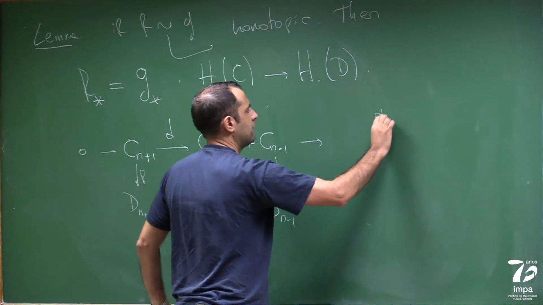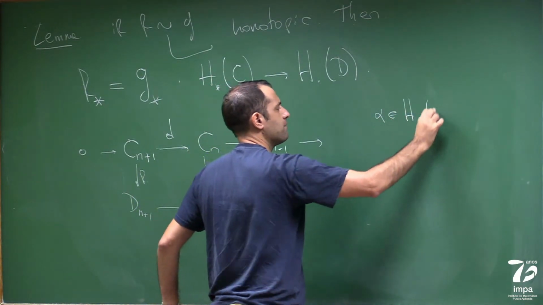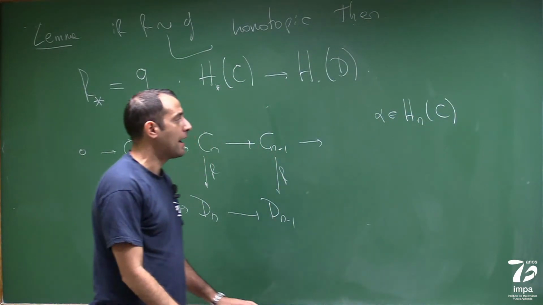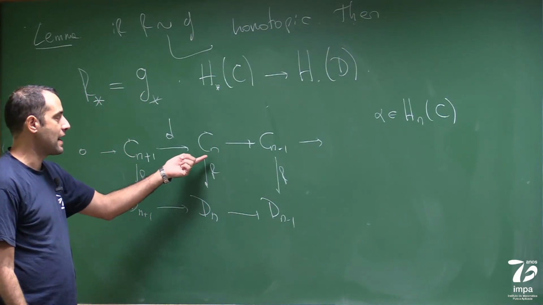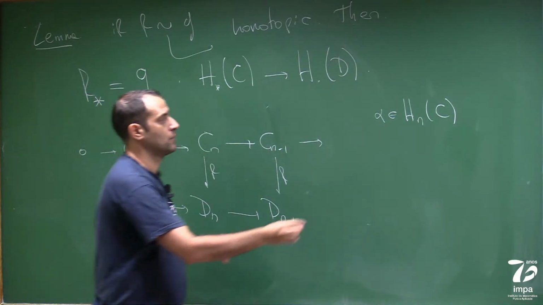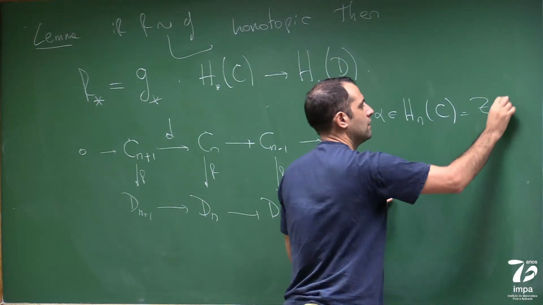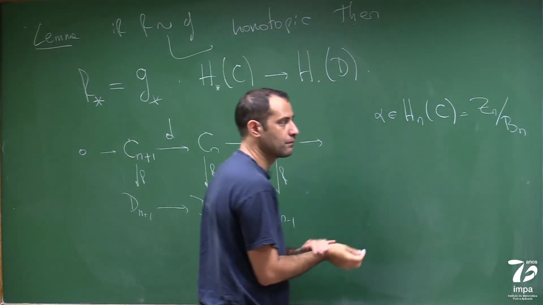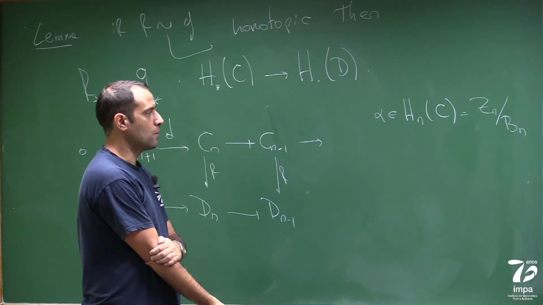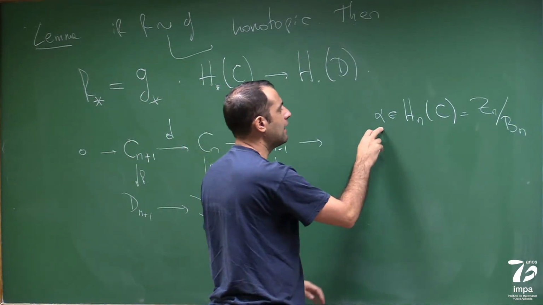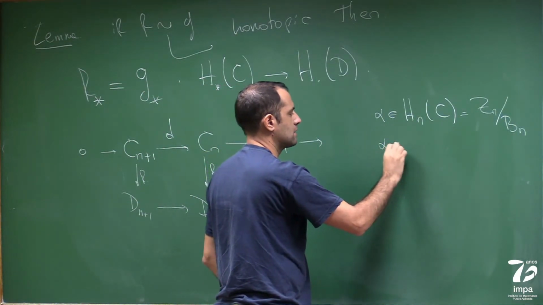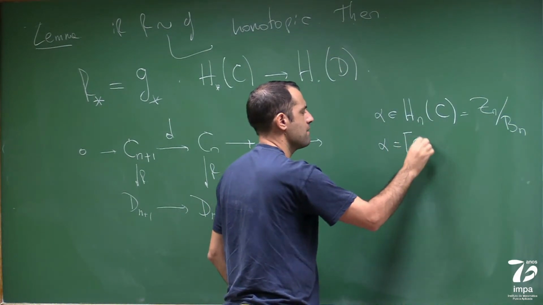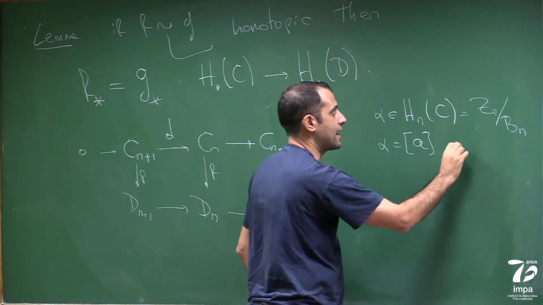So let's choose some alpha in Hn of C. Then alpha can be realized by an element in Zn. This guy here was Zn divided by Bn. So let's say that alpha is the class of some A, where A is in Zn.